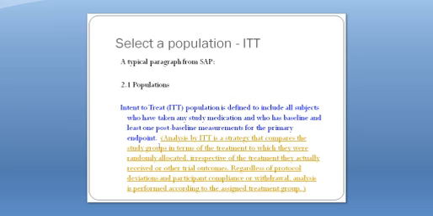So usually if you do the analysis by the ITT population, that is a kind of analysis strategy that compares the study groups in terms of the treatment to which they were randomly allocated.